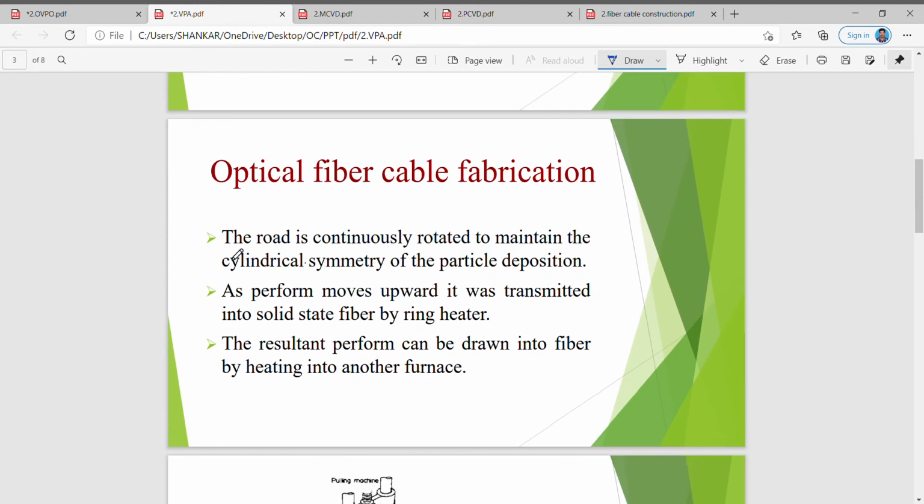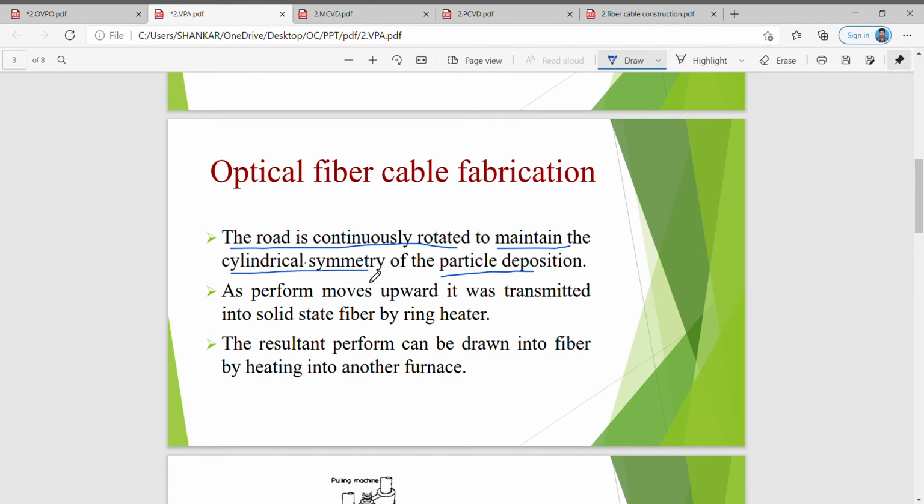Why are we rotating the rod? When the rotation of the rod is continuous, the particles deposited on the rod maintain the cylindrical form.